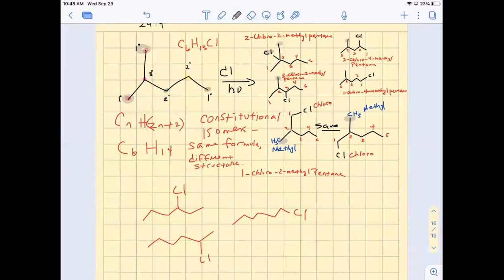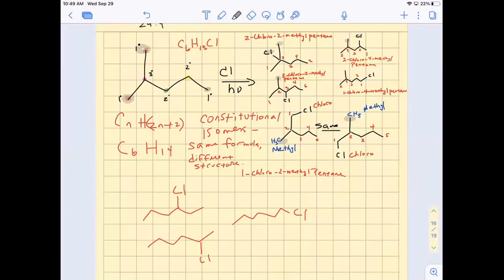And the answer is no. You'll get the same product no matter if you substitute at the top primary or the bottom primary on the branch group right there, because it's symmetrical. That was the whole point of going through this. So if the symmetry is correct, then you don't have to worry about drawing those 2 forms. You only have to draw 1.